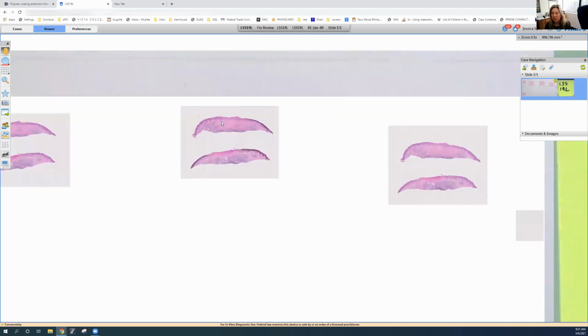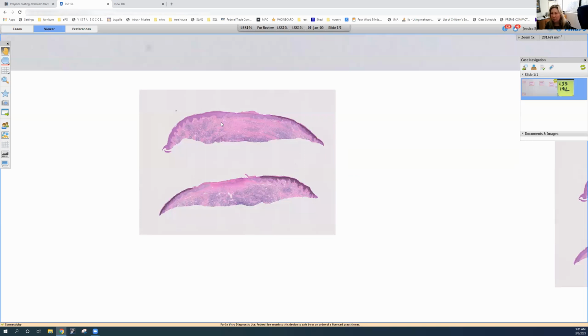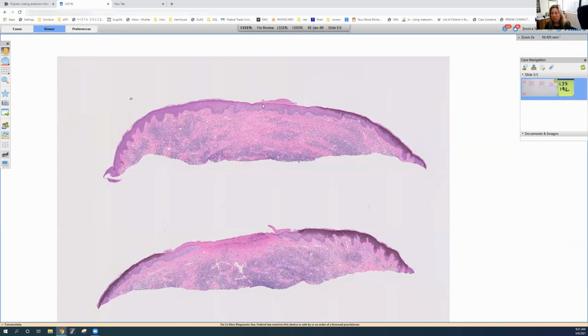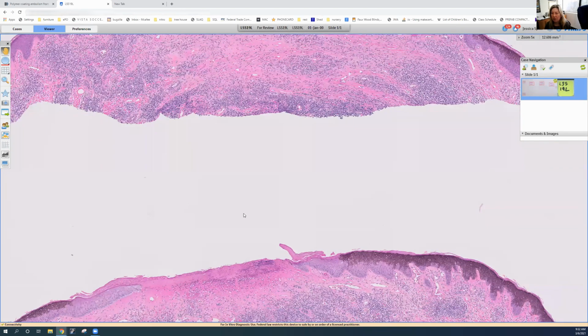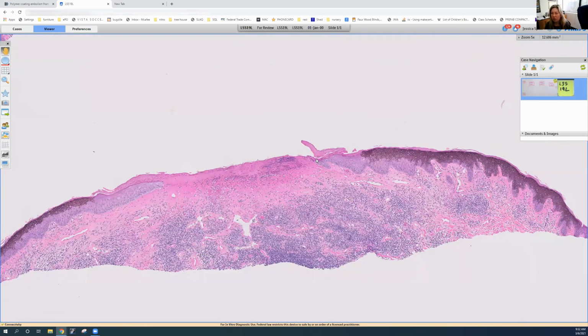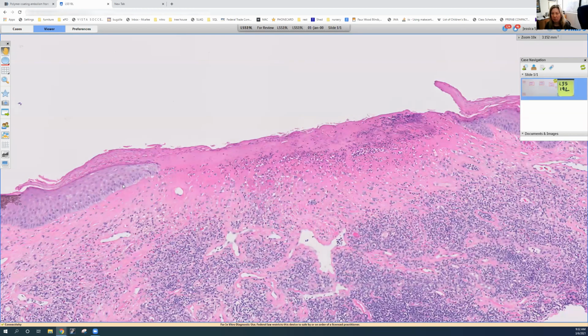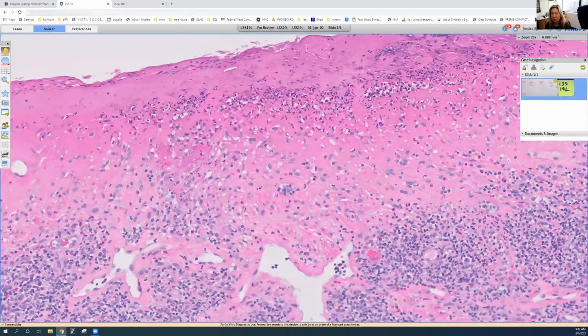Okay, so here we have a kind of thick shave biopsy. You can see there's a little bit of parakeratosis here, a little bit of acanthosis, maybe some spongiosis, but most of the action is in the dermis. On the other half of the shave biopsy, there's a very sharply demarcated, full thickness epidermal ulcer. Lots of fibrin, degenerating inflammatory cells.